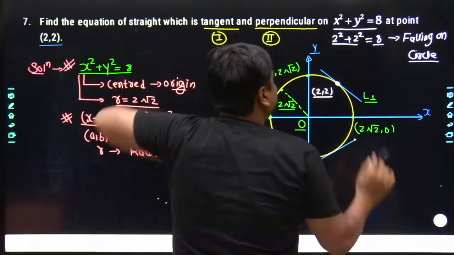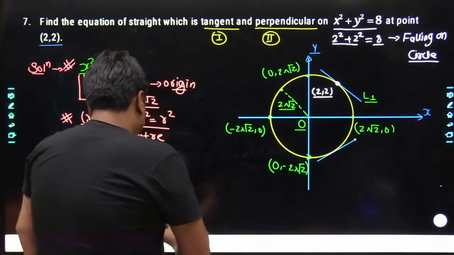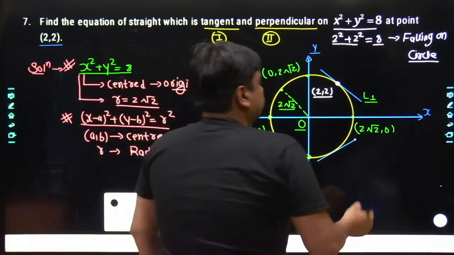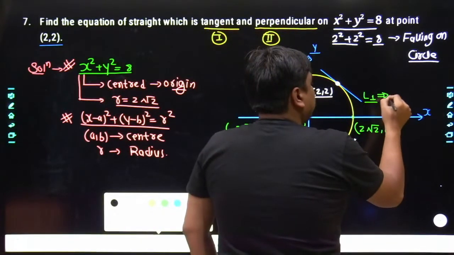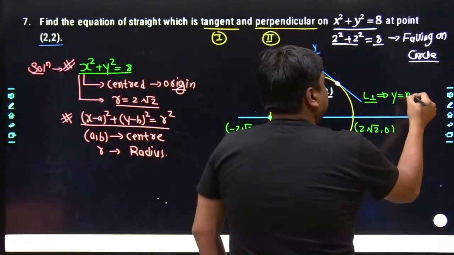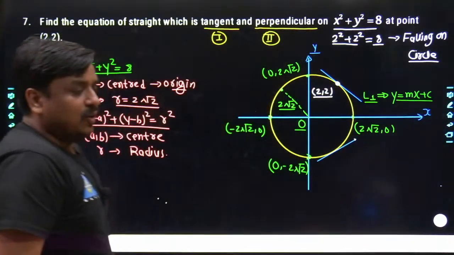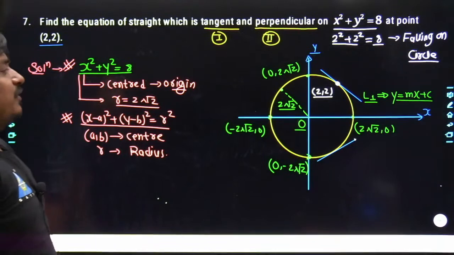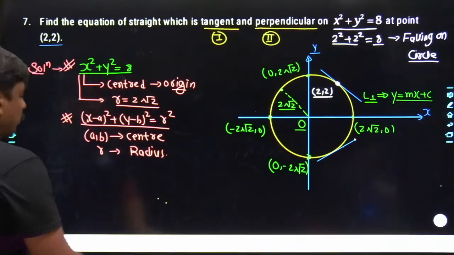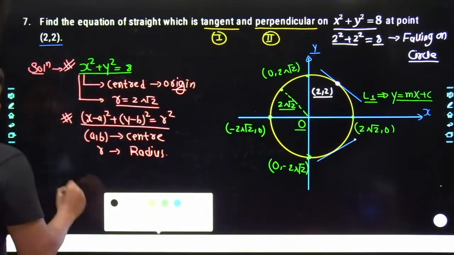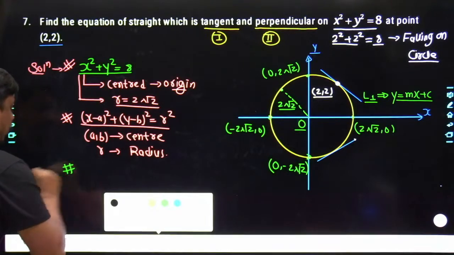So for basic understanding, I have taken the equation of the straight line as y is equal to mx plus c. At the very beginning, let me focus on the calculation of m first.